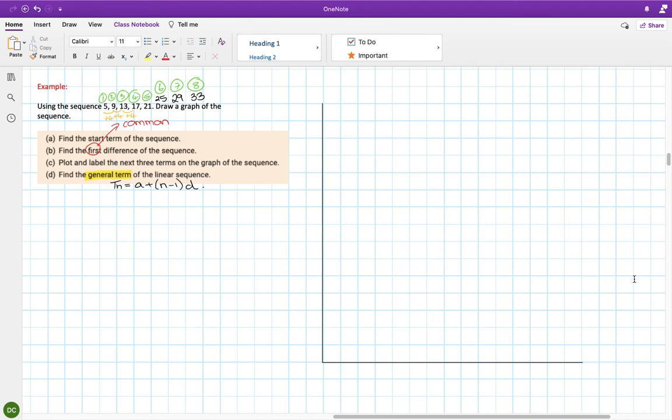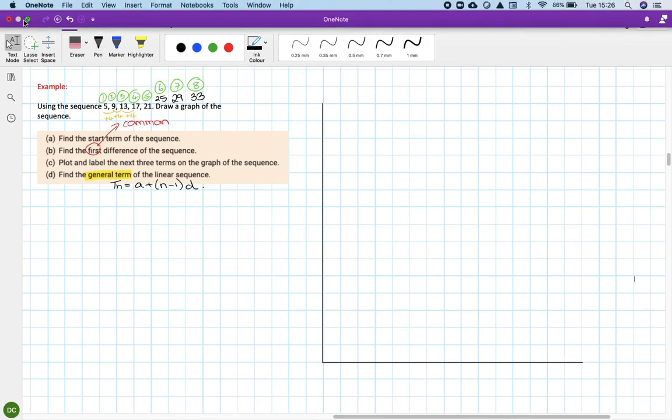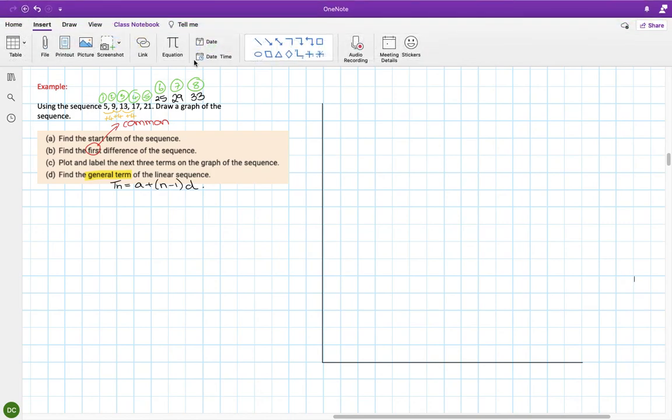All right, so the original sequence is 5. So 1, 2, 3, 4, 5. But I need to go 6, 7. Ooh, I need to extend that a tiny bit. Sorry, I'm just going to make this a tiny bit longer.